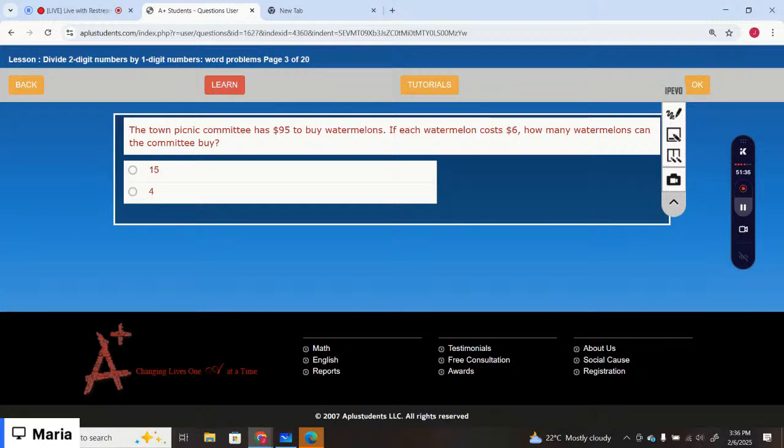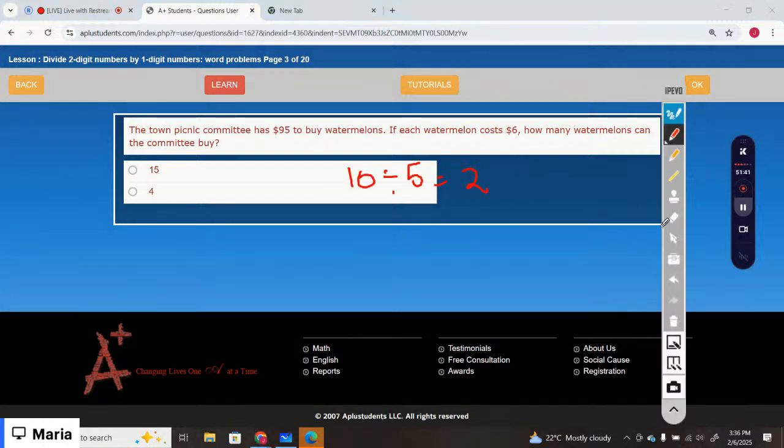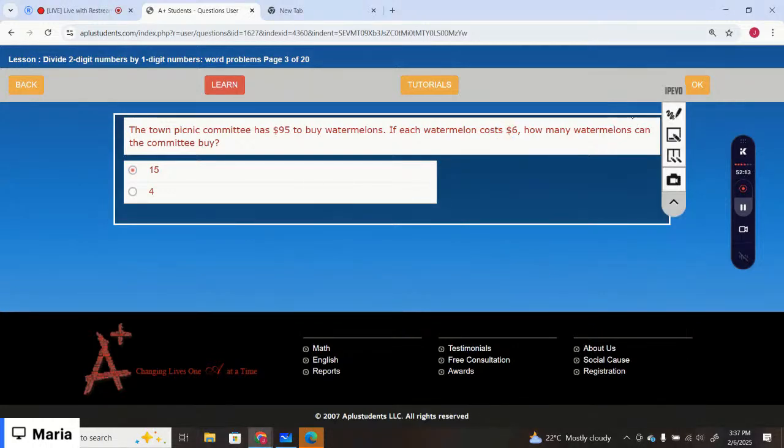That is option number 2. You have to divide 95 by 6. When you divide 95 by 6, 6 times 1 is 6. 6 times 5 is 30. Yes, we have a remainder. $5 they still have, but they can buy 15 watermelons. The correct option is 15.